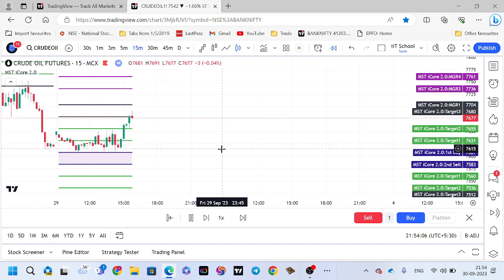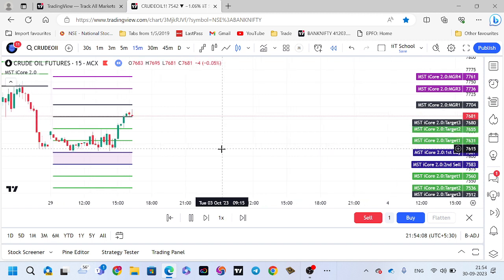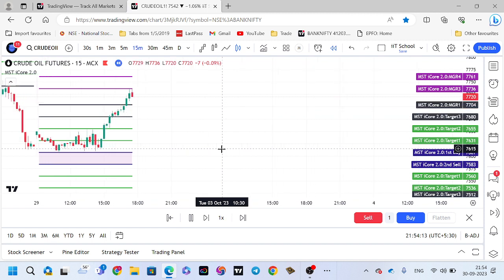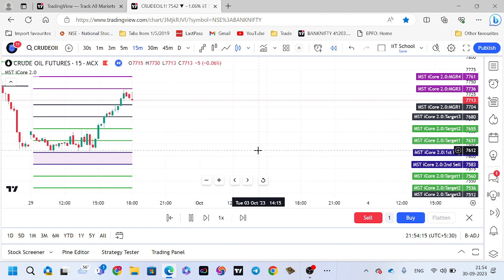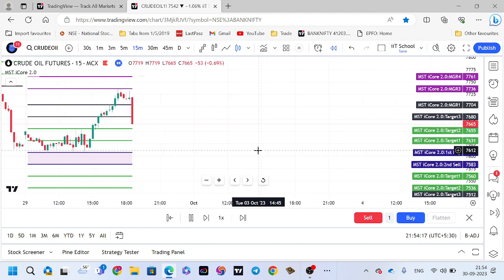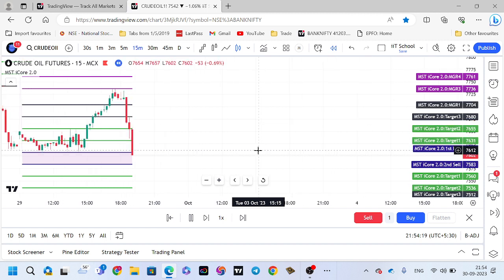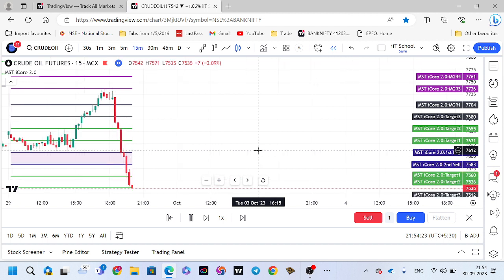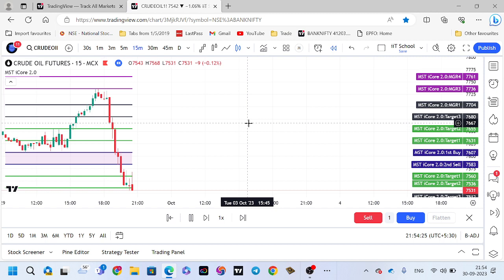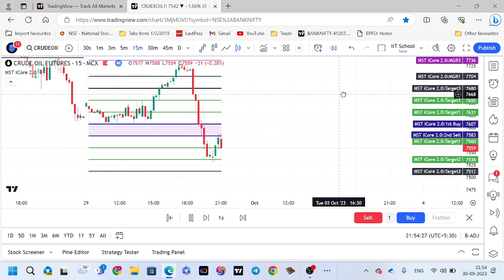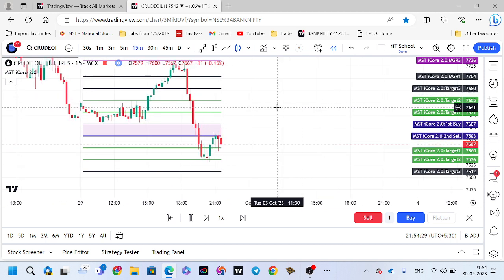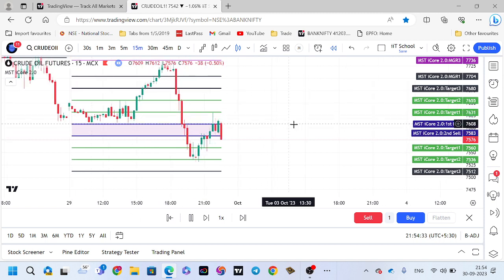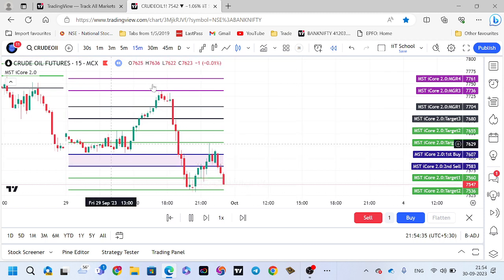Third target hit, and the fourth target, 7704, also hit, and the fifth target, 7736, also hit, and the expected reversal point was 7736. That is our monthly supply zone. And see the miracle: exactly from our first entry to the monthly reversal, we got the target.